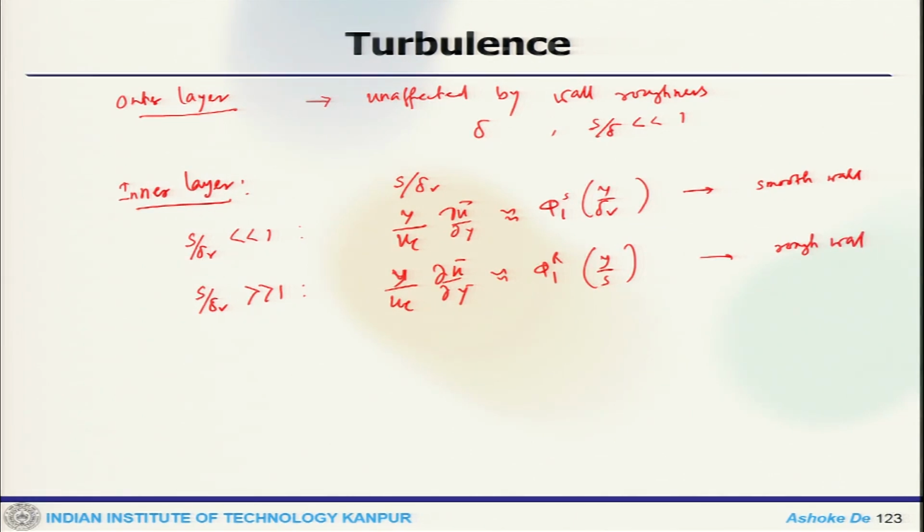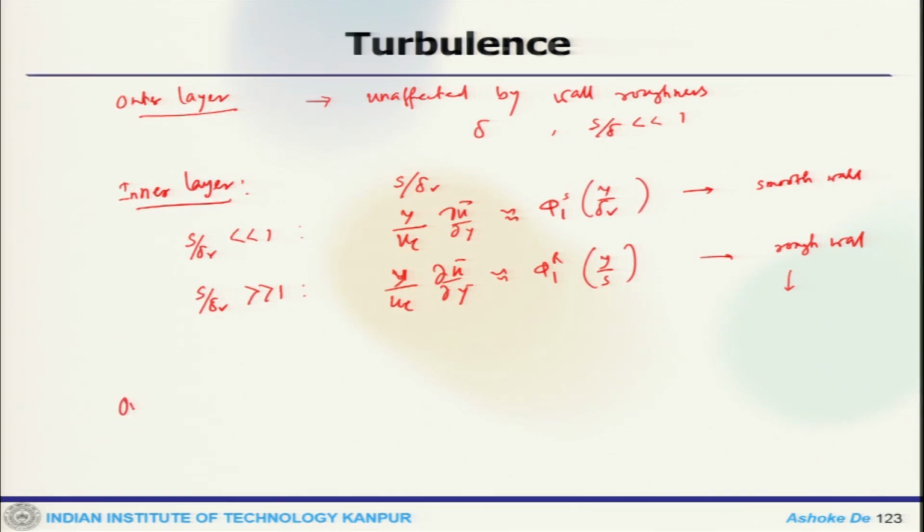Now, when you talk about a hydraulically rough wall, one can think of the friction at the wall being dominated by the pressure drag instead of viscous drag. So, in this case the viscous effect can be ignored. Secondly, the eddies close to the wall scale with the height of the roughness element.